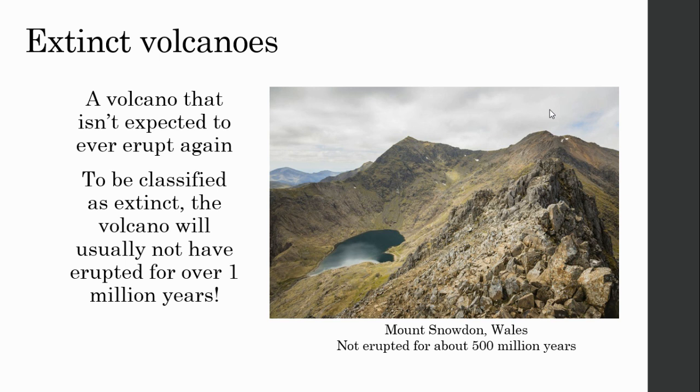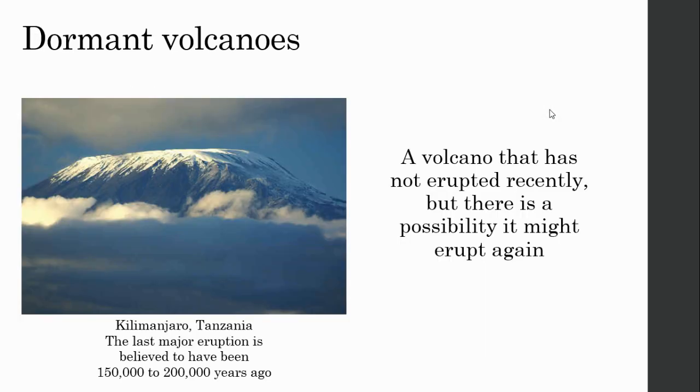To be classified as extinct, the volcano will usually not have erupted for over 1 million years. So if we go back to Mount Kilimanjaro, it hasn't erupted for 150,000 to 200,000 years. That's a really long time, but it won't be able to be classed as extinct for another 800,000 years.